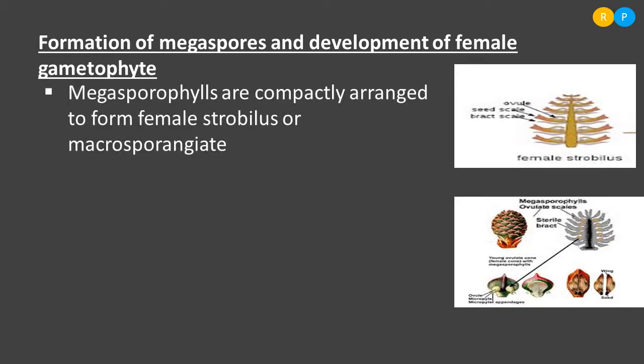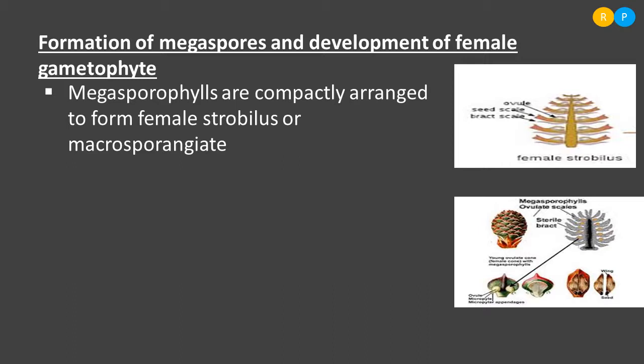So children, you have to repeatedly practice all these terminologies. Megasporophylls are the modified leaves, compactly arranged. You can see they are spirally arranged along the central axis in order to form a female cone. The female cone is called what? Female strobilus.